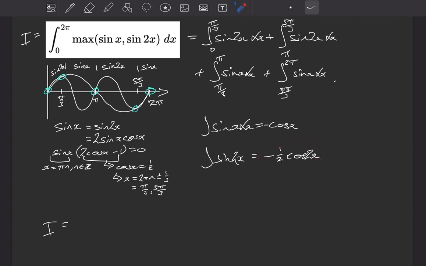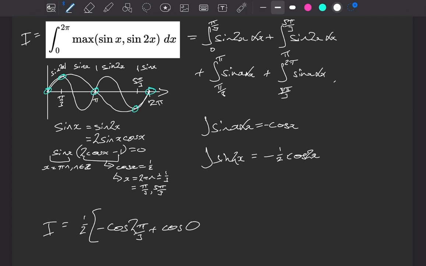So we'll factorise the half out the front. When we plug in pi on 3 to cos 2x, that's cos of 2 pi on 3. And the negative. We'll then add, because of the negative, cos 0.